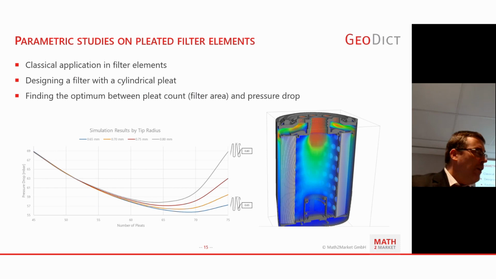We have evaluated this here with several tip radii, but we will see that in a second again. To produce the filter elements, the minimum of this curve is the goal for a good performing filter. So here, for example, only geometries with 67 or 68 pleats, depending on the possible pleat tip radius, would be produced and taken to the test bench.